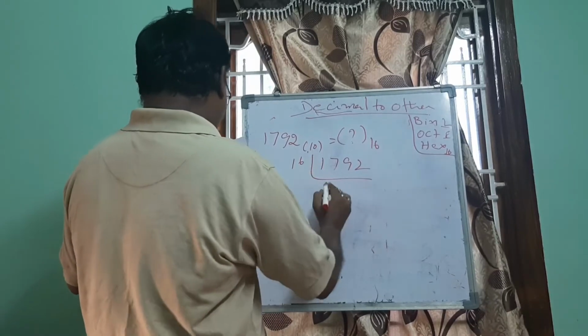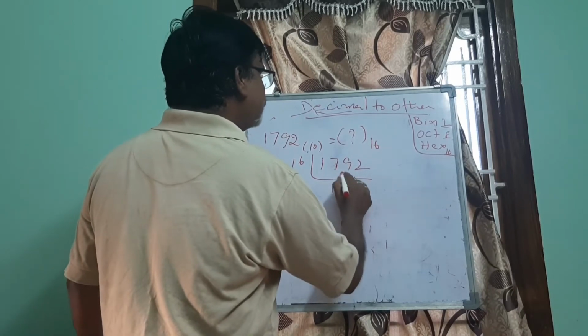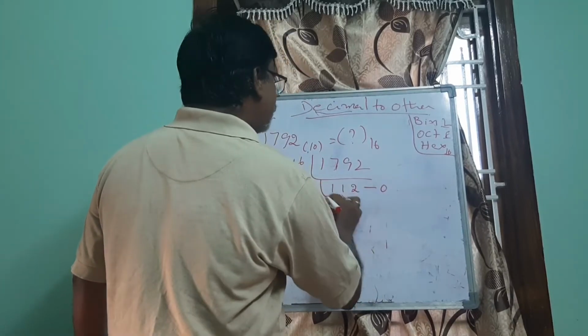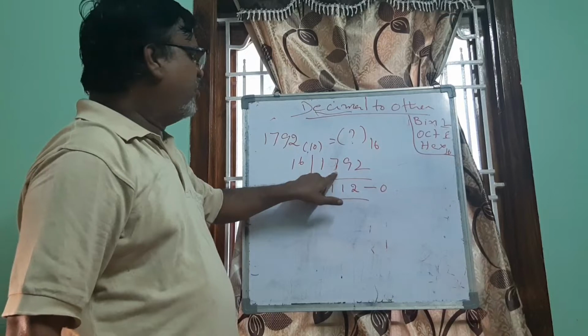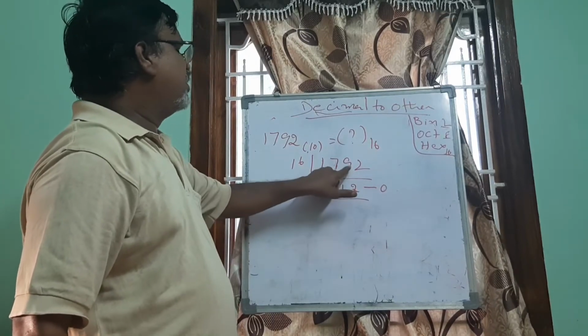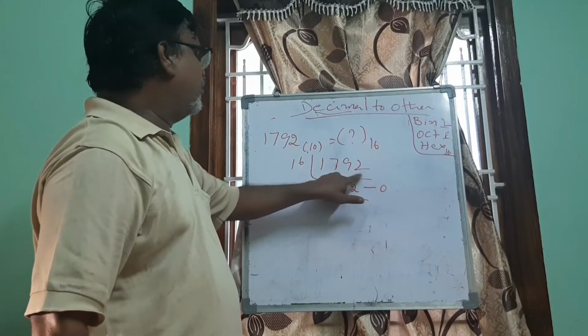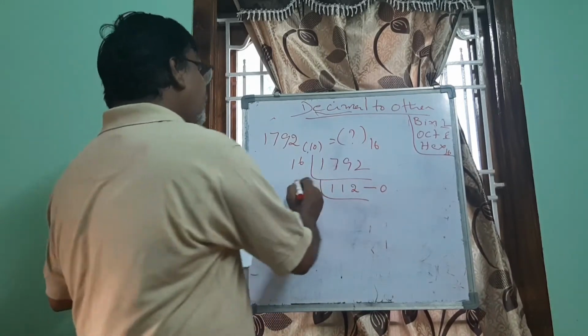So 16 ones are 16, 1 will be remained here, again 16 ones, 16, then 32 twos. Then you will get 3, 16 twos are 32, then 0 will be the remainder.